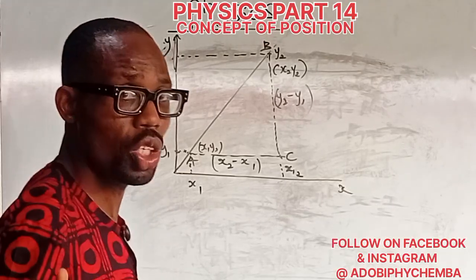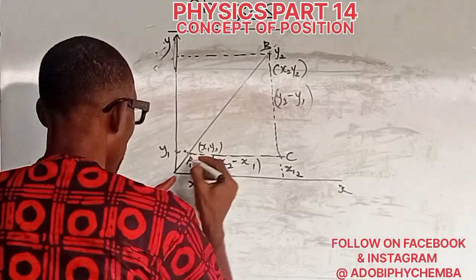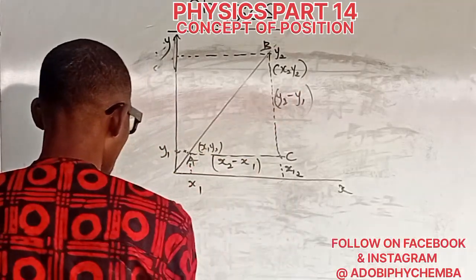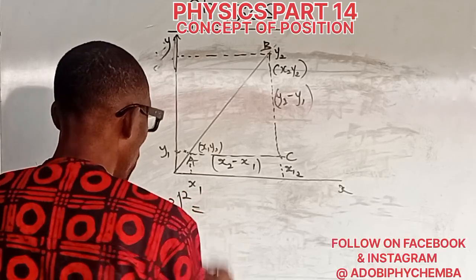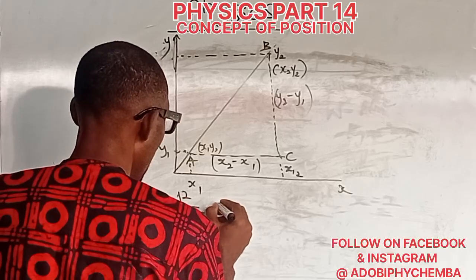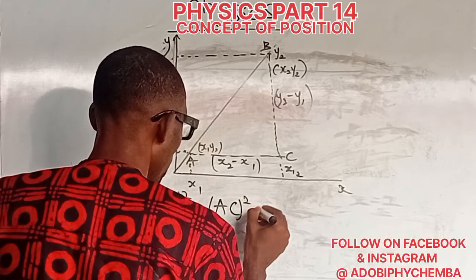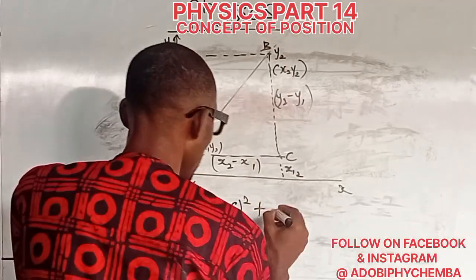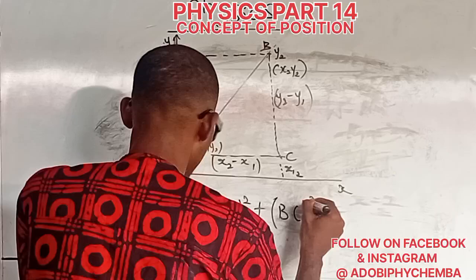According to the Pythagoras theorem in geometry, AB square will be equal to AC square plus BC square. Are you with me?